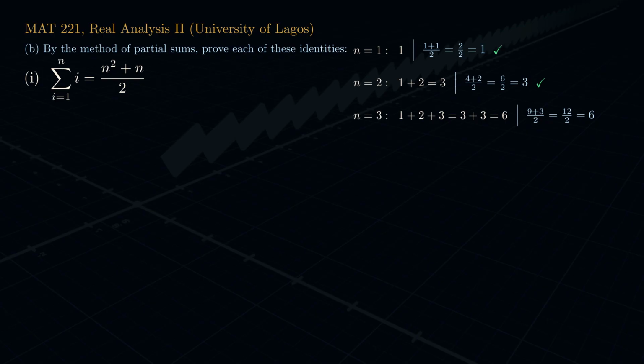Formula, 9 plus 3 is 12, over 2, 6. Match. n equals 4. 6 plus 4 is 10. Formula, 16 plus 4 is 20, over 2, 10. Match.